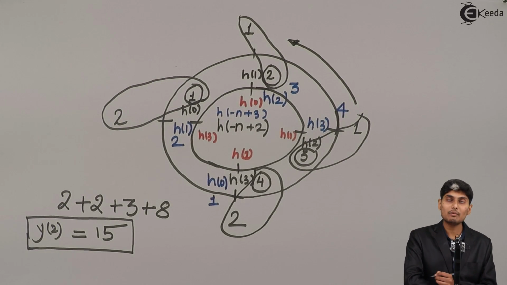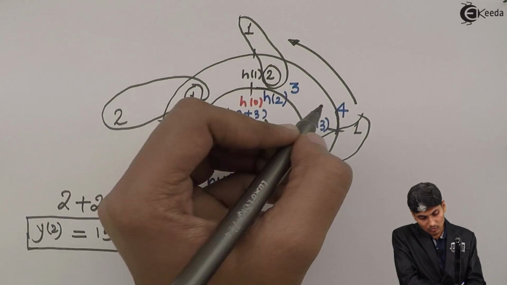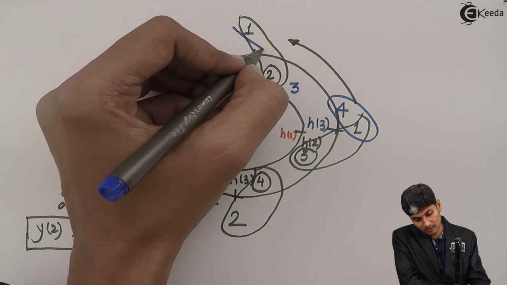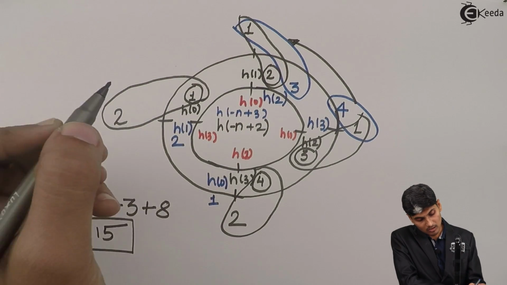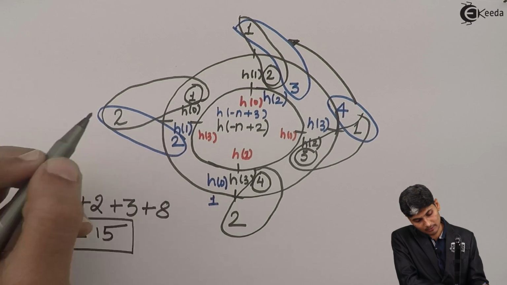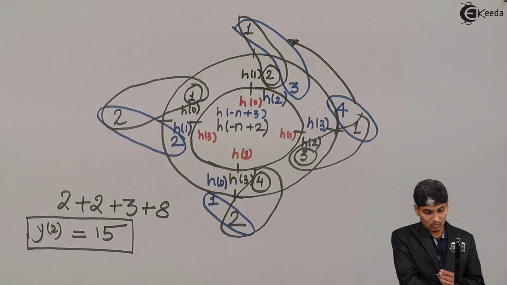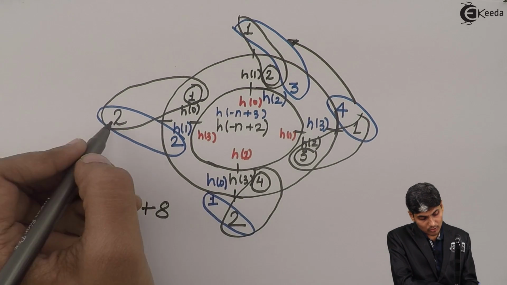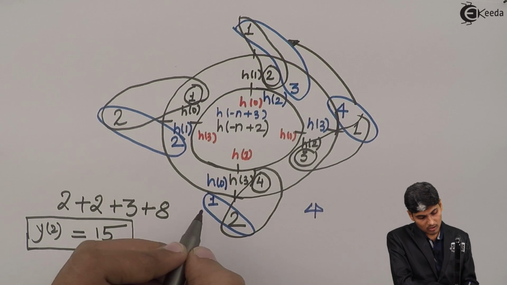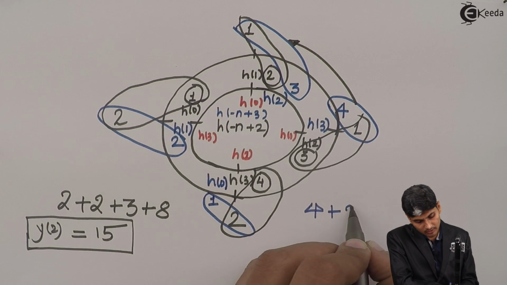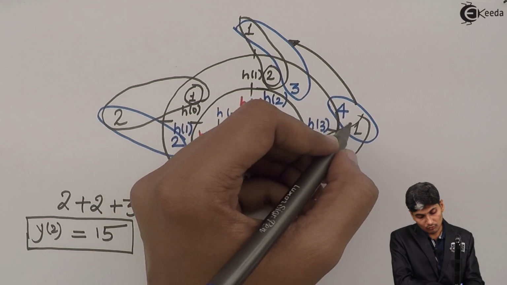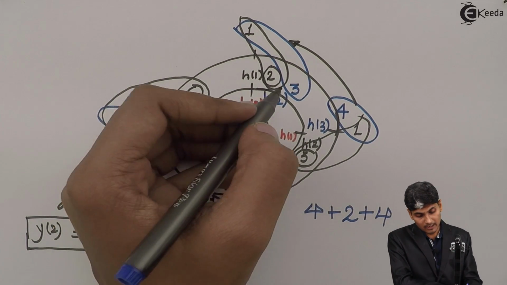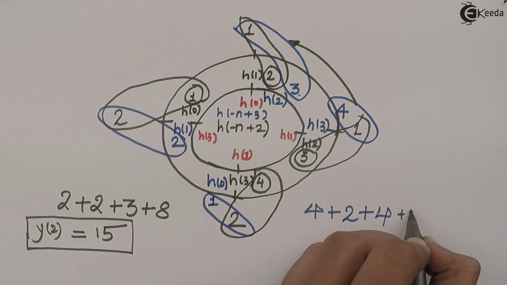Now let us overlap and write the final solution. So these samples will overlap: 3 and 1 will now overlap, 2 and 2 will now overlap, and 1 and 2 will now overlap. So the blue curve says 2 into 2, which is 4, 2 plus 1, which is 2, then 4 into 1 is 4, and 3 into 1 is 3.